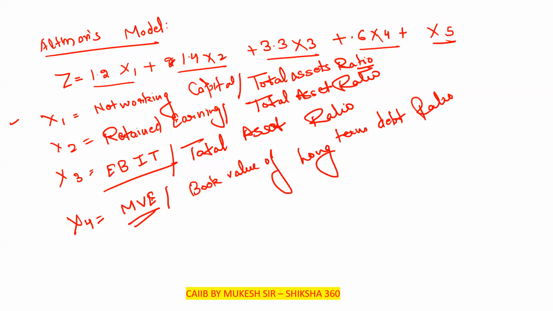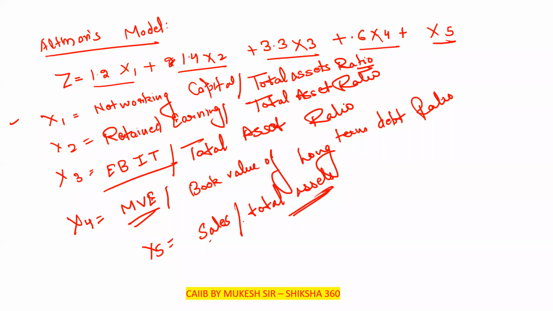Last, x5 is sales upon total assets, clear?